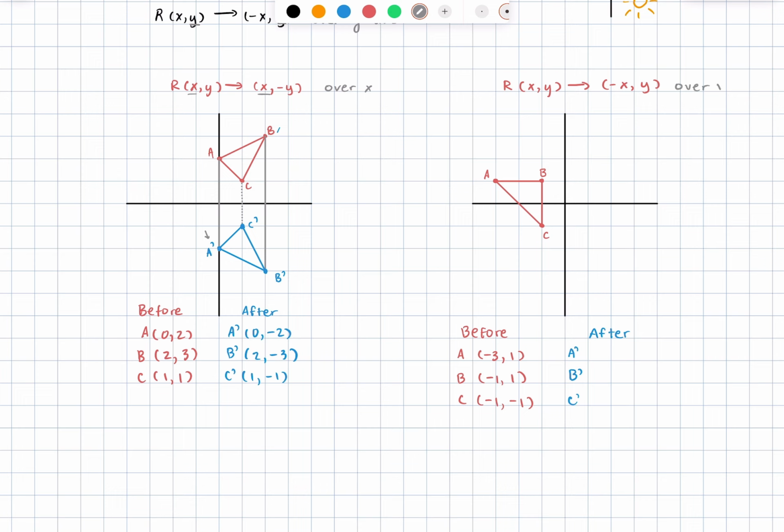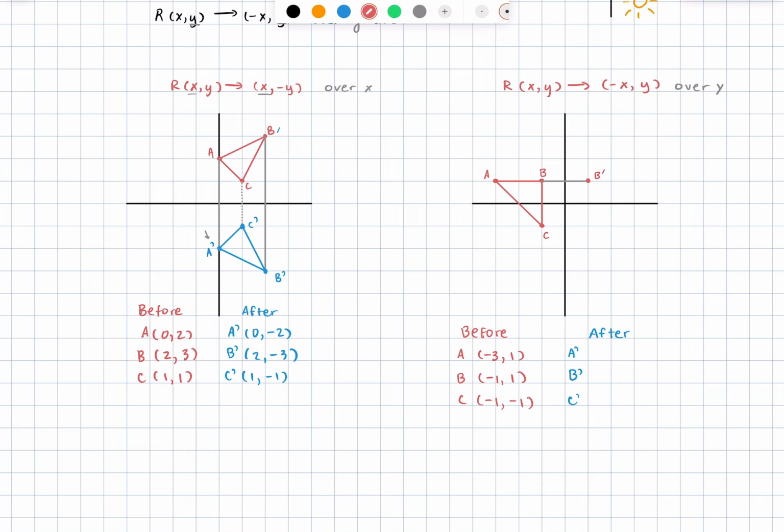So I'm going to do point B because it's the closest. B is 1 away from the y-axis. So I'm going to plot a point exactly 1 unit away from the y-axis. So this is my new B prime.